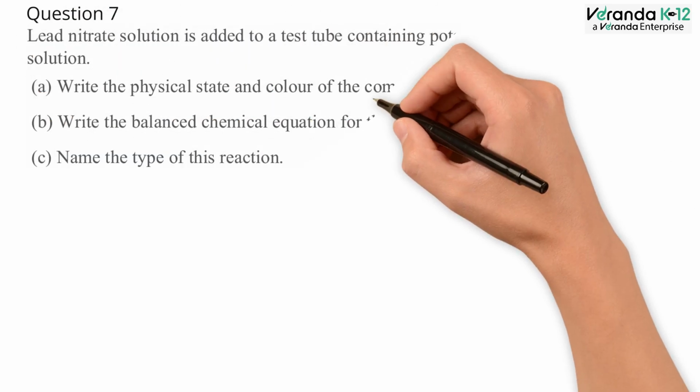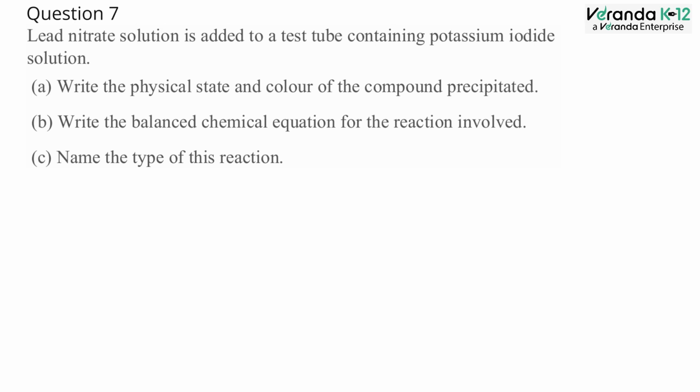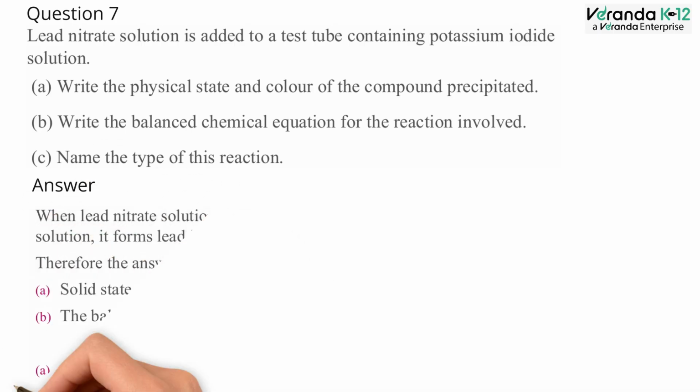Question 7. Lead nitrate solution is added to a test tube containing potassium iodide solution. A. Write the physical state and color of the compound precipitated. B. Write the balanced chemical equation for the reaction involved. C. Name the type of this reaction. Answer.